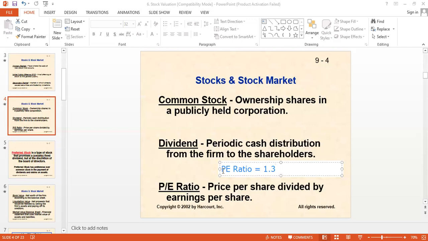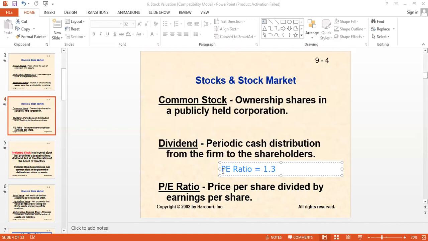So if the answer is positive and more than 1, it means price is higher than the earnings in terms of per share. And if the answer comes below 1, for instance 0.8, it means earnings per share is 1 and your price per share is 0.8. So 0.8 is lesser than 1 by 0.2 times, by 20%.